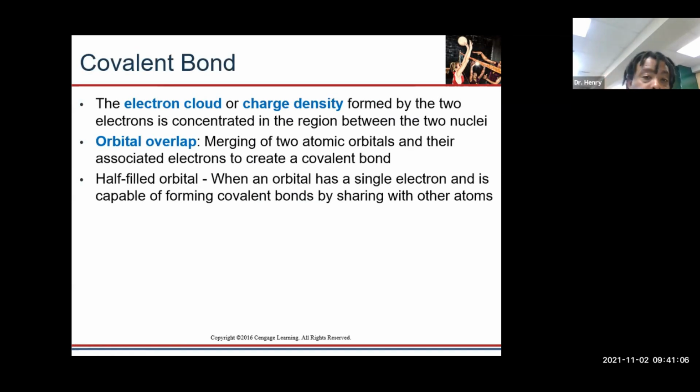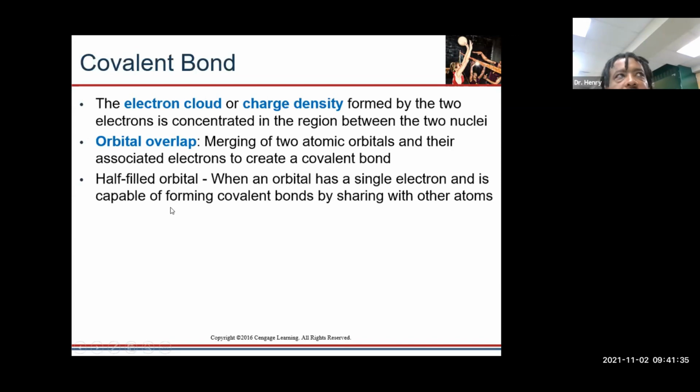So in actuality, when we talk about that sharing of electrons, what's happening is that you have these electron clouds, or these densities of electrons, that are orbiting the nucleus of the atoms. And so what happens is that your orbitals are going to actually overlap, and that allows you to share.